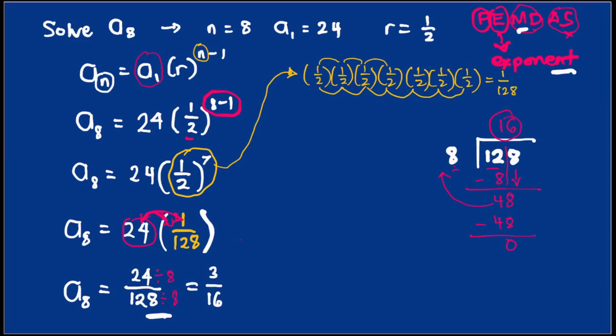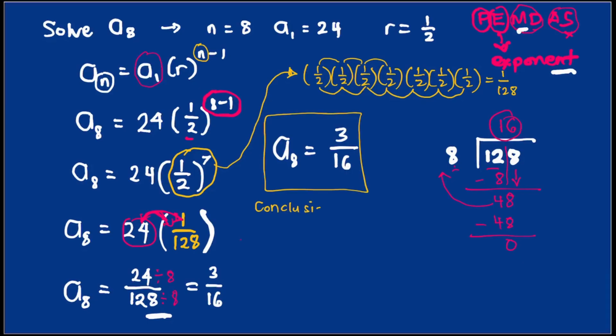So, that means ang A sub 8 natin is 3 over 16. So, this is now our final answer. Okay? So, now, for the conclusion, sabi kasi find the 8th term.